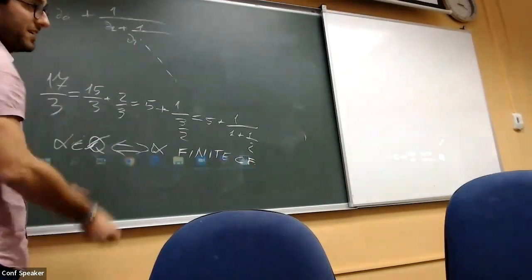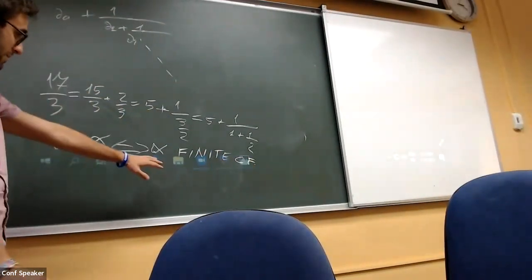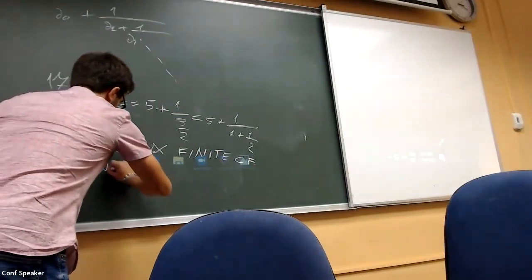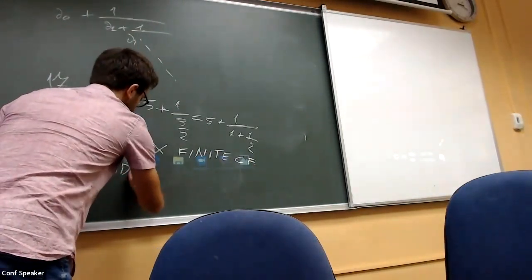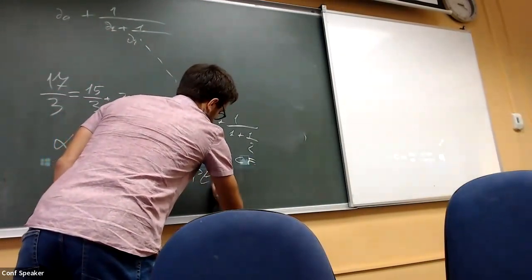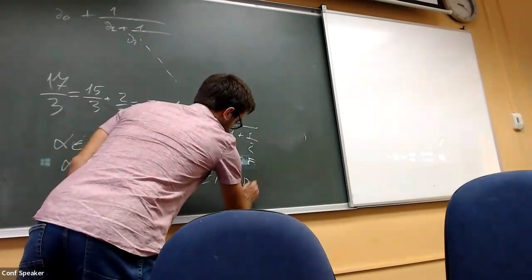Yeah, it's quite obvious here, but we have to remember it. And alpha is a quadratic irrational if and only if alpha has a periodic, ultimately periodic continued fraction.